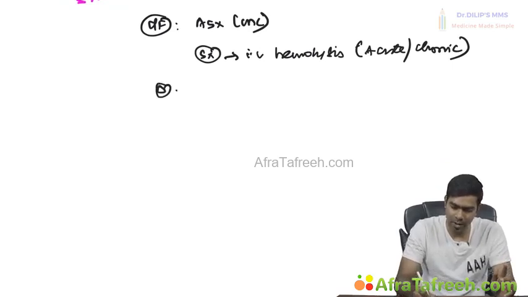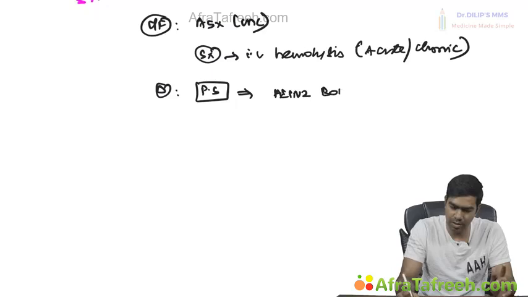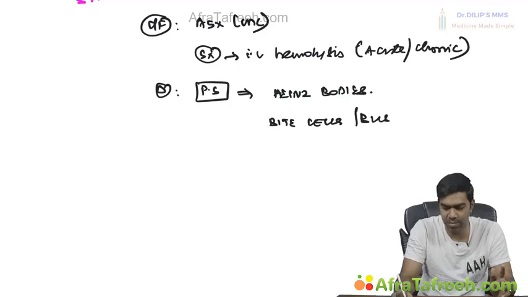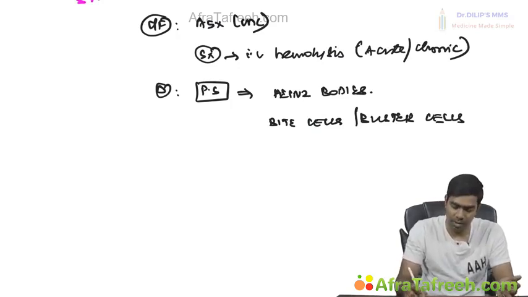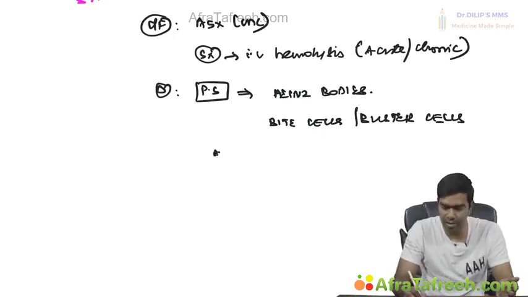And diagnosis wise, if you ask me how to make a diagnosis, in the peripheral smear you will see Heinz bodies, which we discussed already, and you might see the classic bite cells or blister cells, which again we have discussed in the RBC basic section, and in the pathophysiology of G6PD deficiency also I explained to you. There are two tests which are definitely for testing for G6PD deficiency.